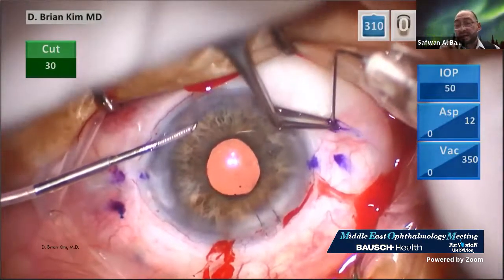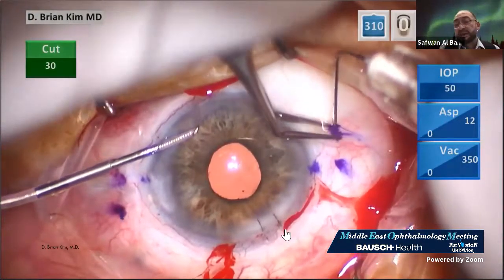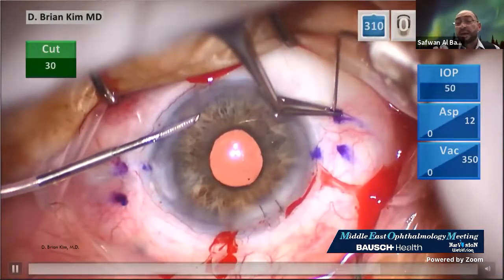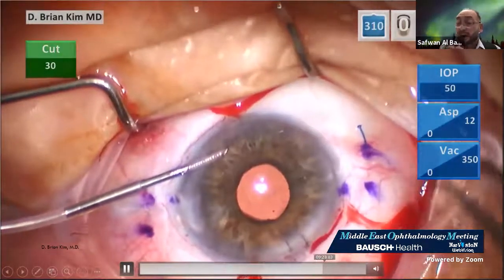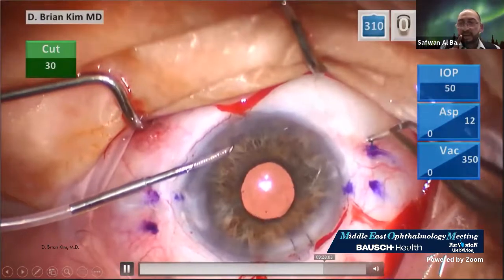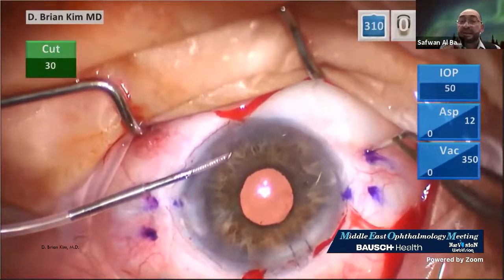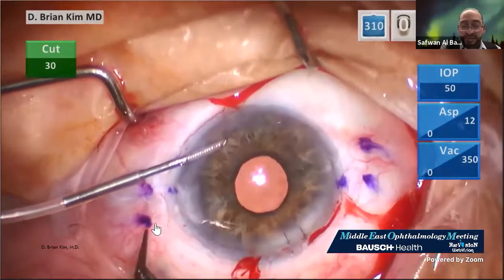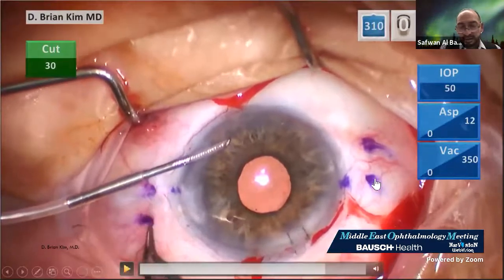But the issue, as Kim explained in a better way, is the tension that we might create in the beginning, which will draw the haptics through the scleral tunnel. That's why in the beginning, Kim drew it again to recenter the lens. That's my opinion. So with time, I don't think we will need a double needle technique.